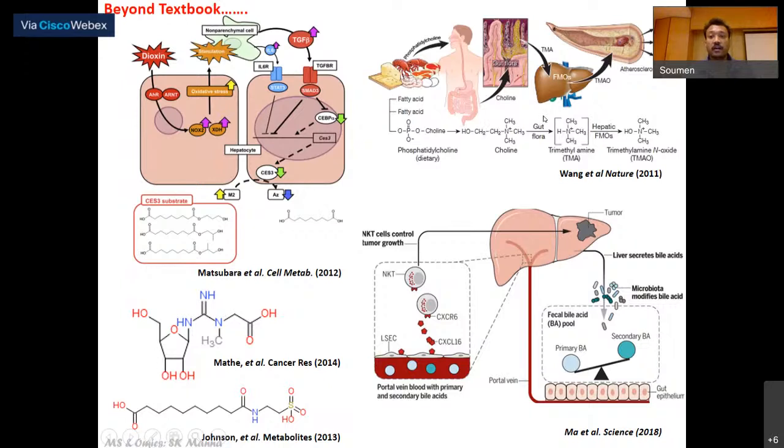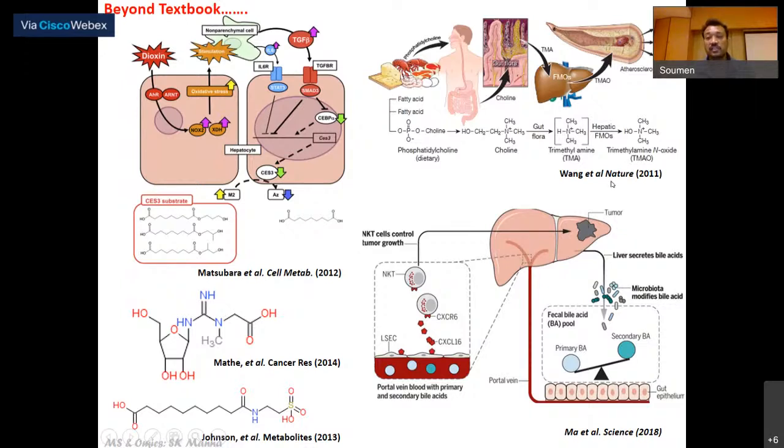And then on the right-hand side, you can see two examples where we discussed how gut flora has significant influence on our physiology. In this case, this metabolite of choline, which is produced by the gut flora, the TMA, then further gets oxidized to give TMAO, or trimethylamine oxide.